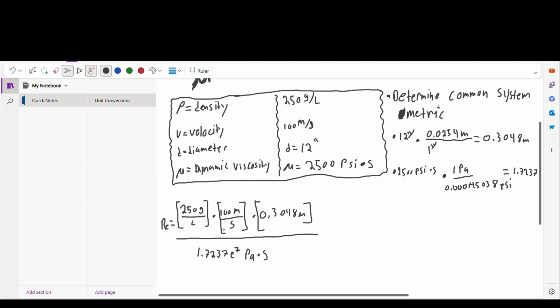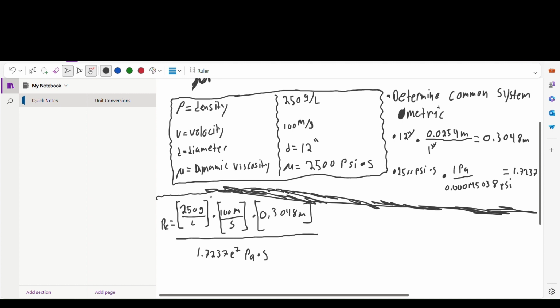So one thing you'll notice is we did 2 unit conversions. We went from inches to meters and PSI to pascals, and we still can't cross anything out. So what you're looking at right here is all metric. This is the point in me making the video. So let me go ahead and just cross all this out, make it so you can see kind of what I'm talking about.